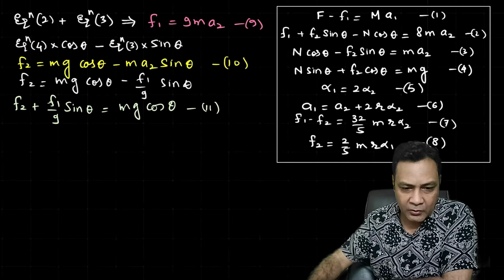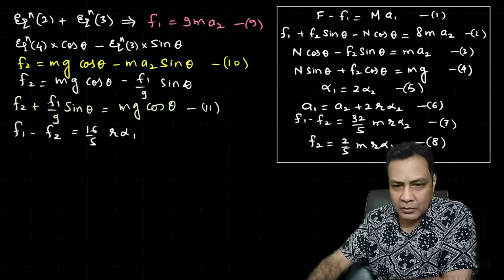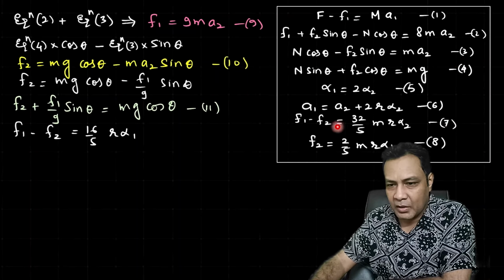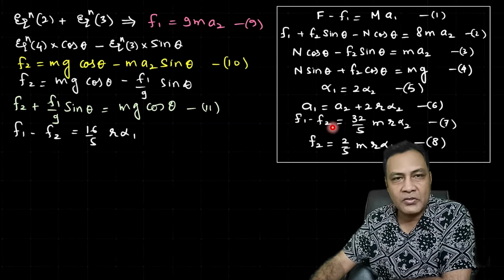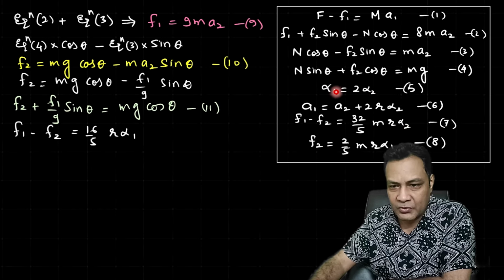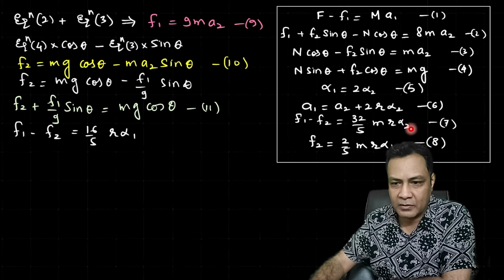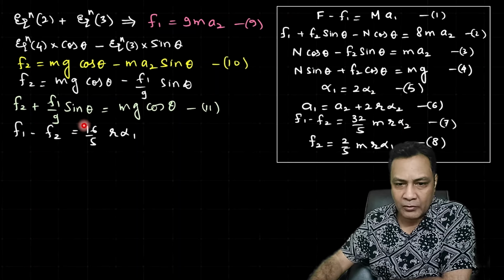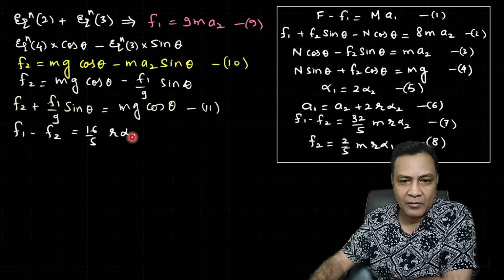And see now what we can do. From here you can see equation 7. Equation 7 is f1 minus f2 is equal to 32 by 5 m r alpha 2. And 2 alpha 2 is alpha 1. So in place of r alpha 2, I can write r alpha 1 by 2. So that will become 16 by 5 m r alpha 1.